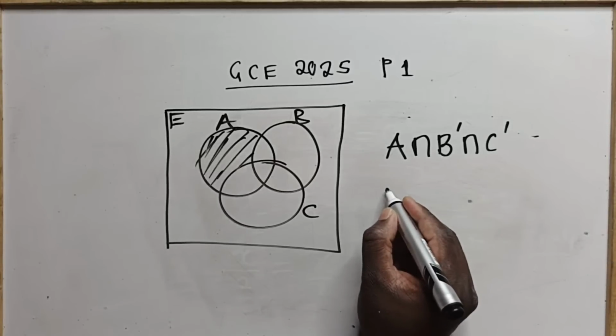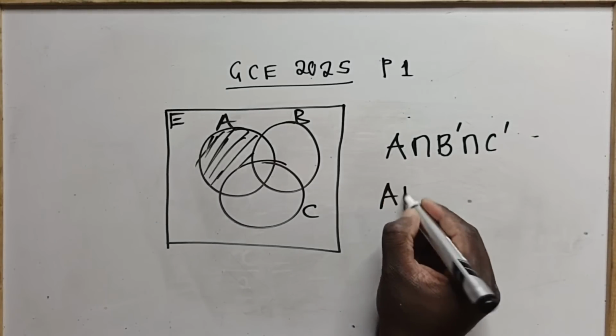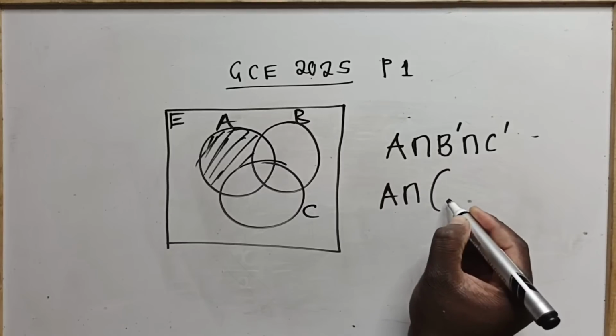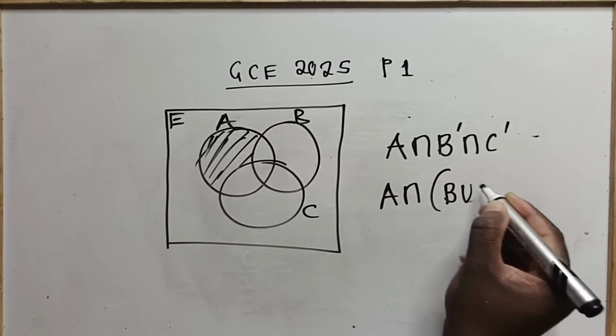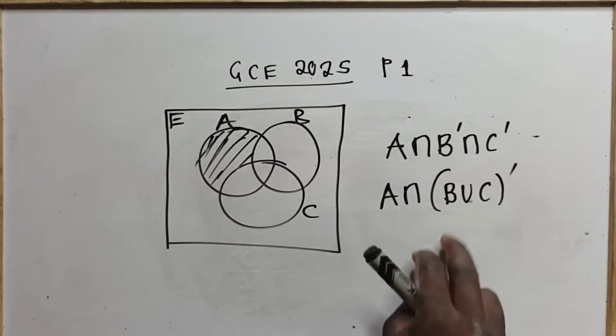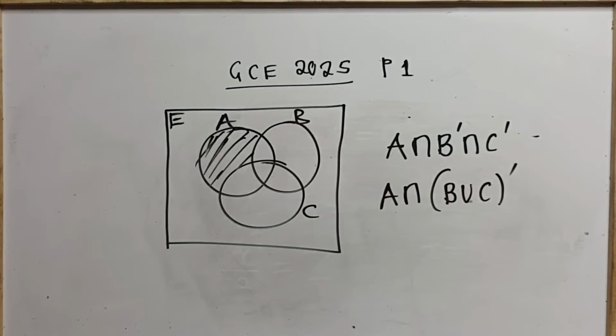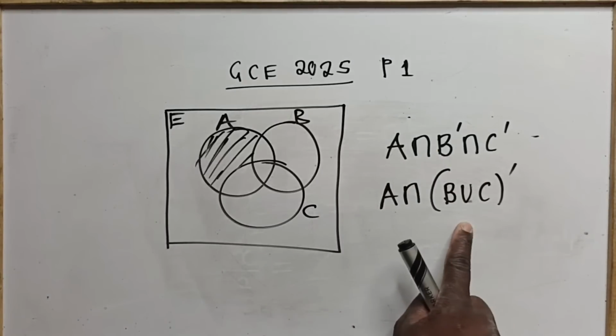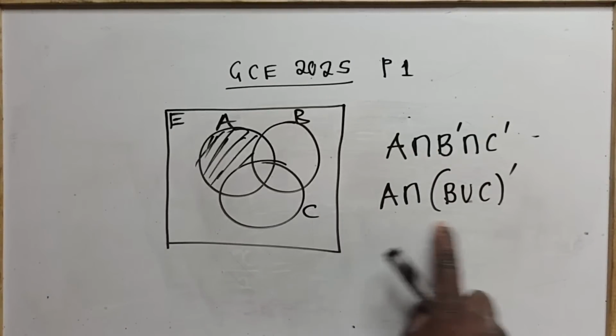I think this is the same as A intersect open bracket B union C complement. This is how it's supposed to be, if I'm not mistaken. They are both correct. If you write this one or this one, it's okay. And in most cases, we use this.